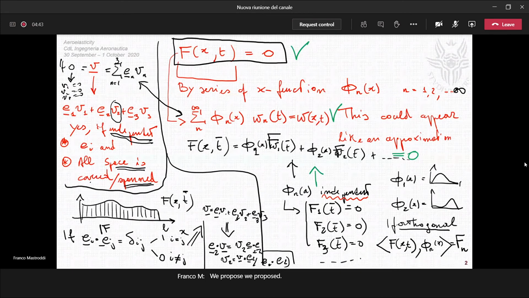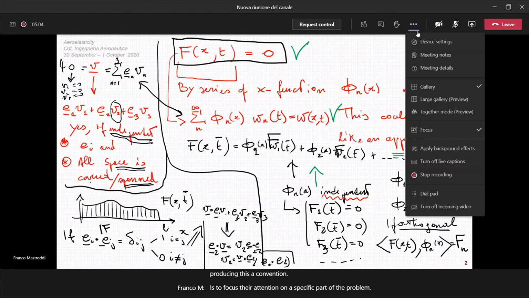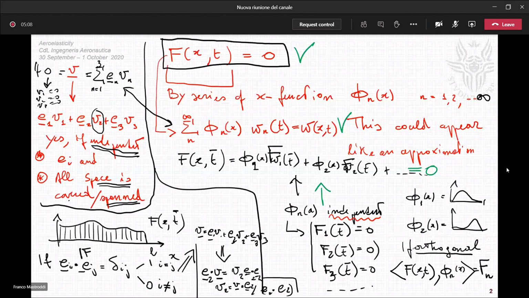And we proposed a way for producing a set of independent but orthogonal eigenfunctions. The way for producing these eigenfunctions is to focus the attention on a specific part of the problem, on the structure, the part involving the conservative elastic force. And we introduce for this scope the eigenfunction, like here.